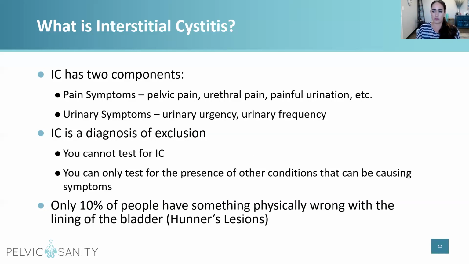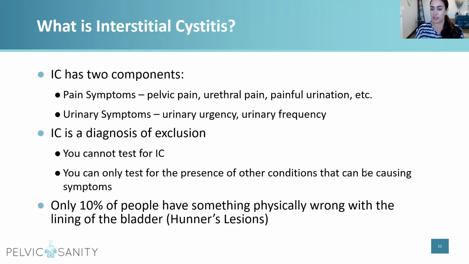If you don't have Hunner's lesions, which is over 90% of people with interstitial cystitis, it still is considered a diagnosis of exclusion, meaning you don't have something else, you don't have bladder cancer, you don't have an infection, and then you're sort of left with these symptoms. We can deem it interstitial cystitis. And we're going to go into what we can also deem it in a second, where it makes it more confusing.